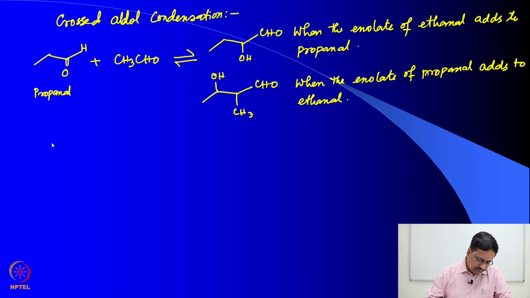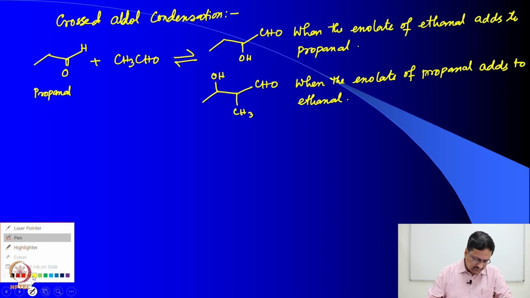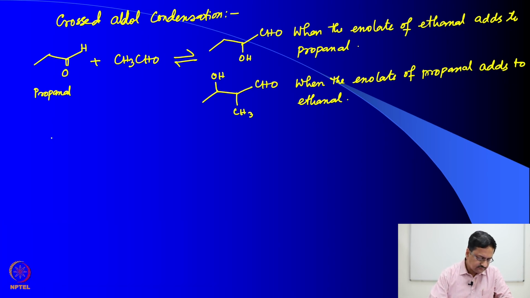Let us take benzaldehyde as one of the aldehydes. You see, this benzaldehyde does not have any alpha hydrogen.